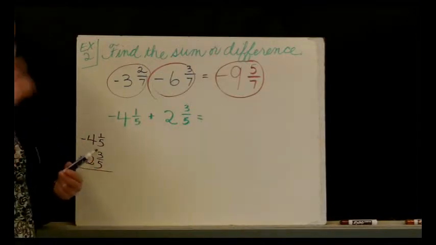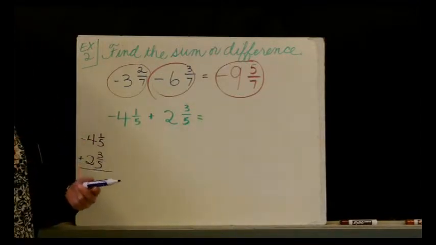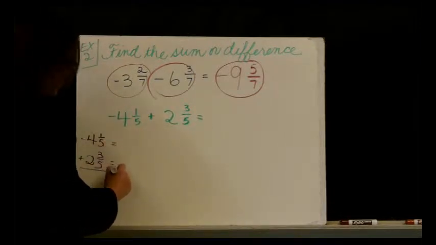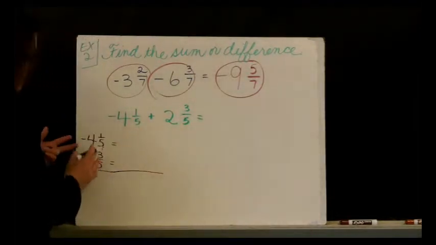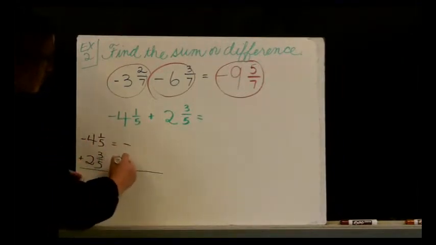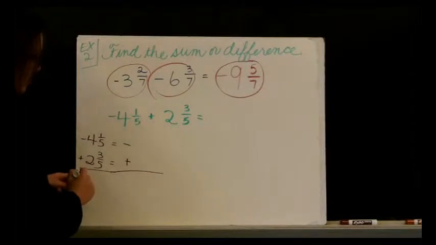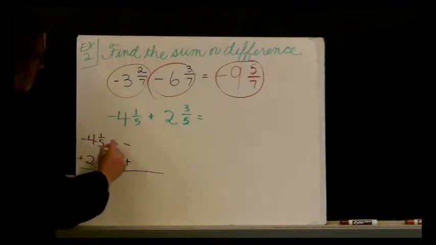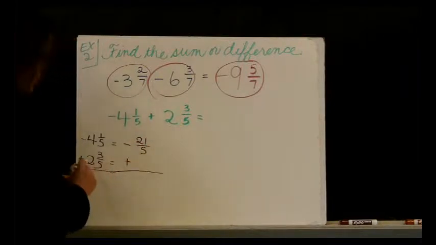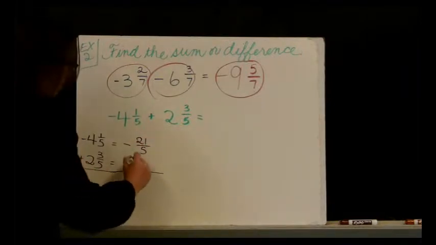So here's what I mean when I say that there are 2 different ways to solve this. One way is to take these fractions and make them improper. I want to remind myself of what the signs are. 4 1/5 becomes 21/5. 2 3/5 becomes 13/5.